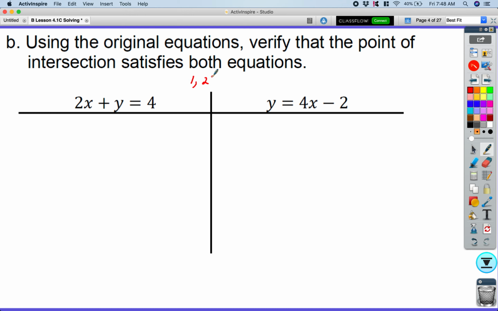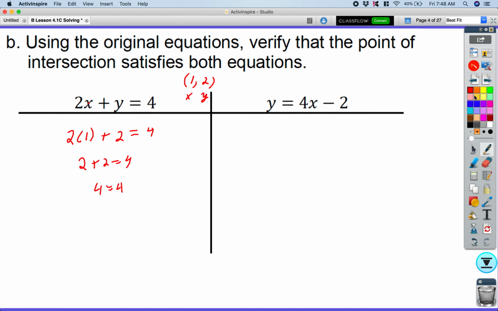I have this point 1, 2, and I'm going to plug this in for x and this in for y over here. So this would be 2 times 1 plus 2, substituting 1 for x and 2 for y, and that's going to equal 4. This gives me 2 plus 2 equals 4, and then 4 equals 4. Guys, this is verifying that that point is on the line.